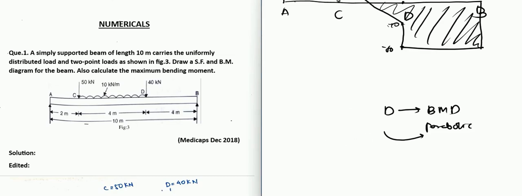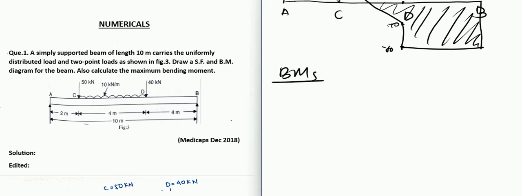Now let us move ahead with the BMD. We need to calculate bending moments at every point now. Let us calculate bending moment at A, as you can see in the left figure. At A and B, it will become 0 because they are in the extreme cases, and if you consider all the forces on the right, it will become 0 because of the equilibrium condition.